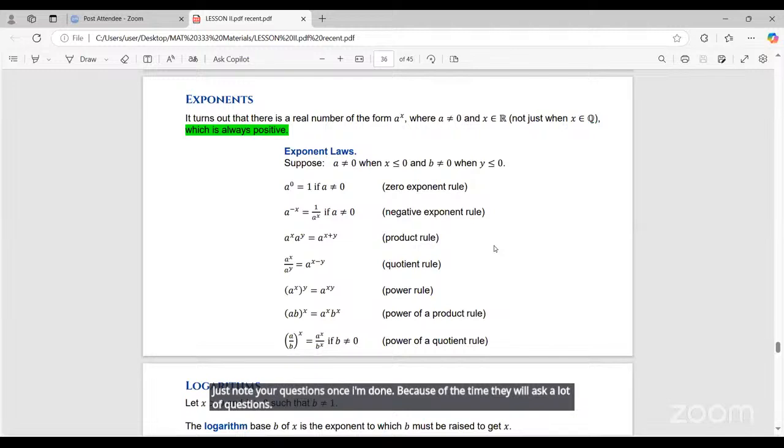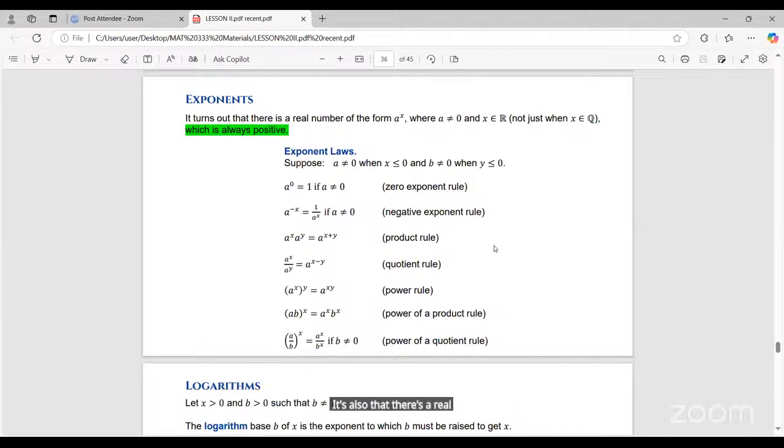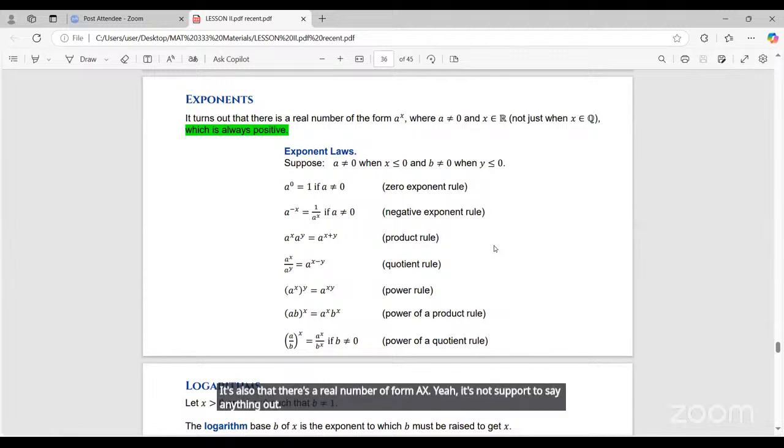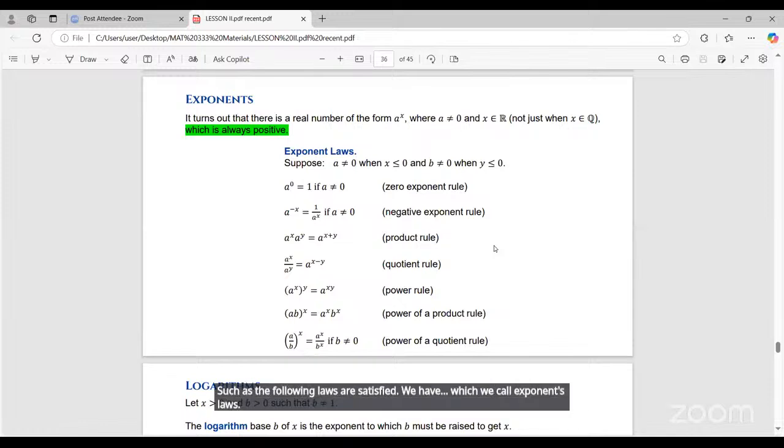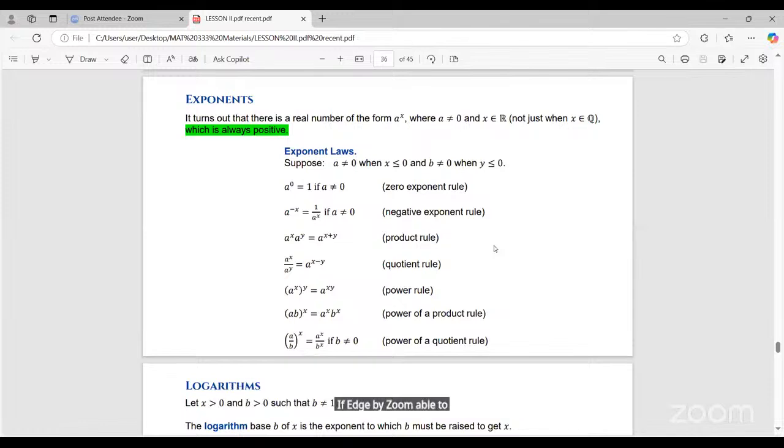It turns out that there's a real number of the form a to the power x, where a is not equal to 0 and x is in R, such that the following laws are satisfied. We have these, which we call our exponent laws. a to the power 0 is equal to 1 if and only if a is not equal to 0.